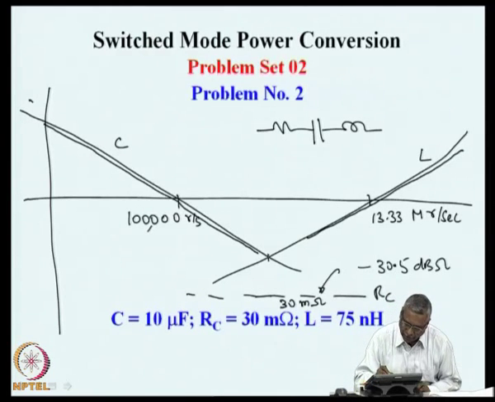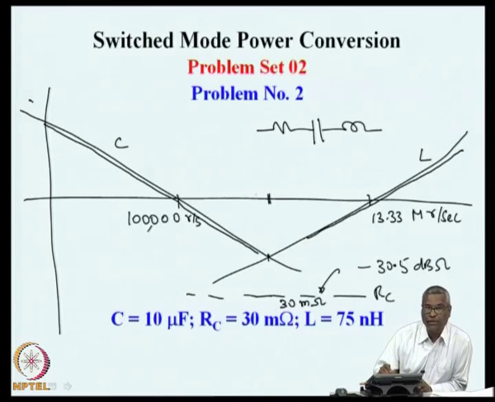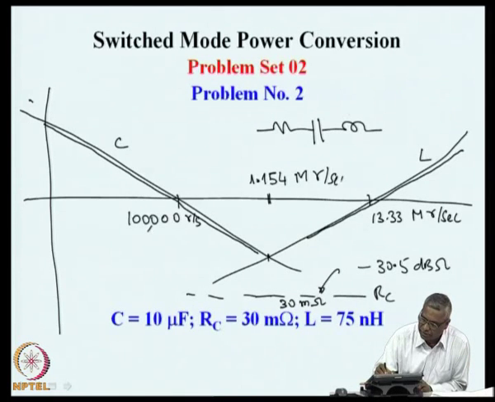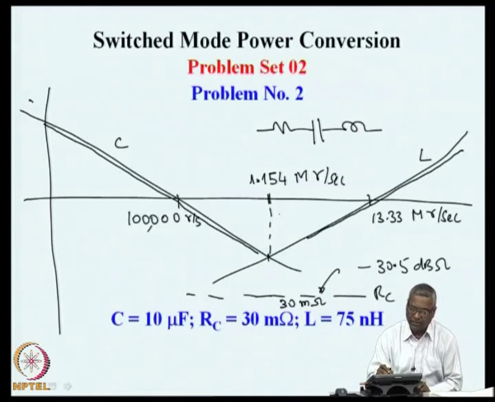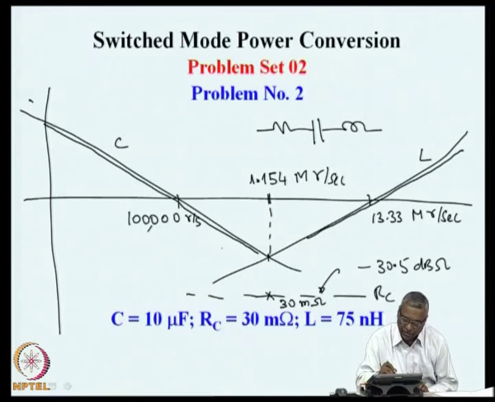The resonant frequency is 1 by 2 pi root LC; in this particular case, it is 1.154 mega radian per second. At the resonant frequency, the capacitive impedance and inductive impedance cancel, so what is left is only resistance.